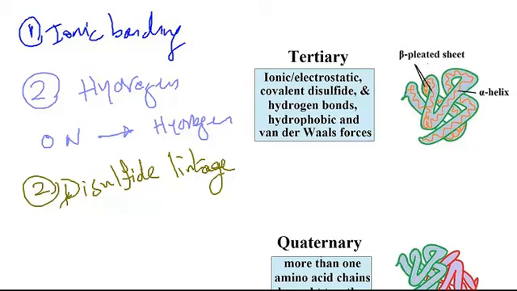So here, let me show you a cysteine molecule. So here we have a cysteine molecule, and a disulfide bond can be formed once two cysteine molecules are brought together.